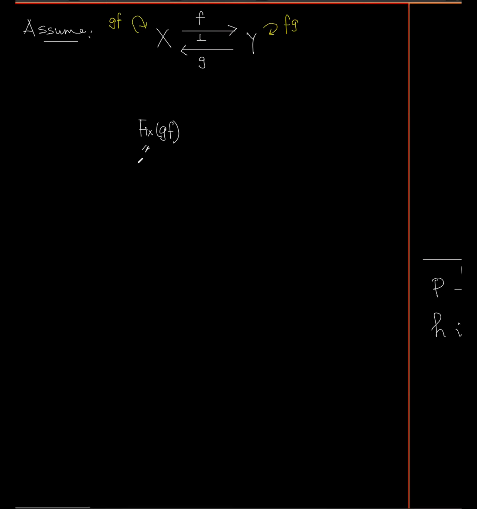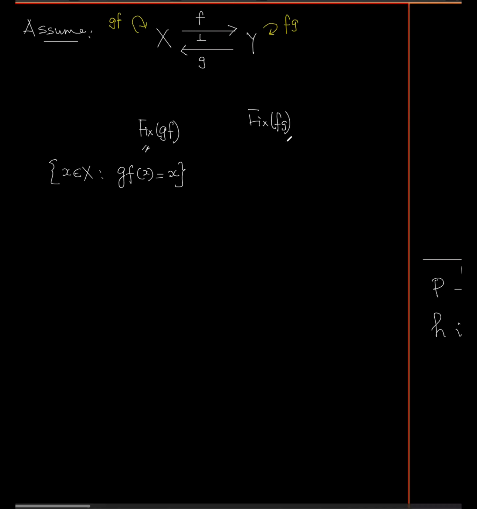They are obviously the collection of X such that GF of X is equal to X. And similarly, we have the fix of FG. This is the set of all Y in Y such that FG of Y is equal to Y. Okay?